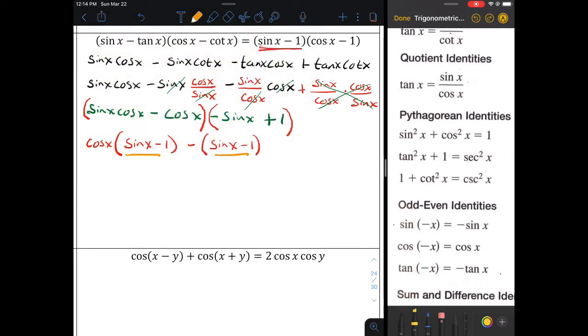So I finish the process of factor by grouping. Make sine of x minus 1 times cosine x minus 1, which is my right-hand side. So when we're doing these trig proofs, not only do we practice our identities, but we also practice a lot of algebraic manipulations as well.